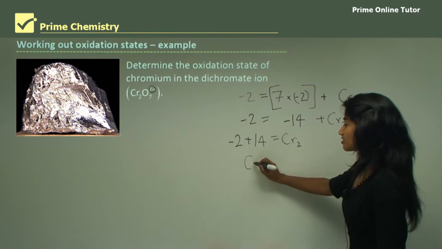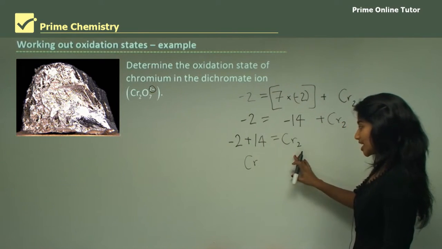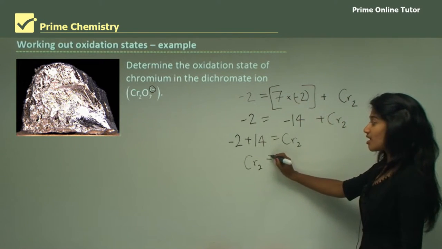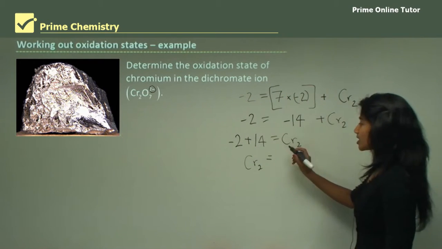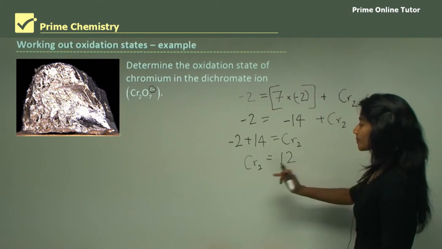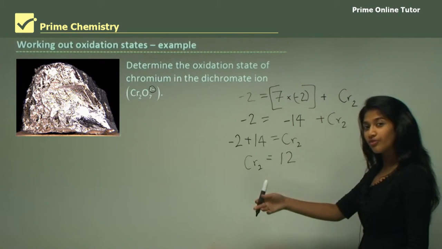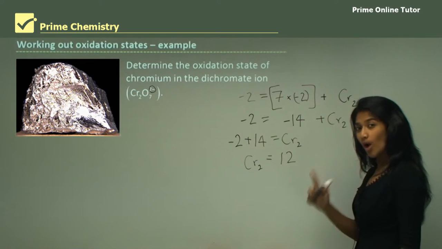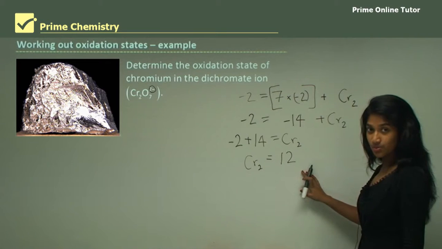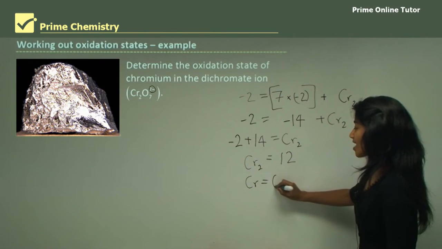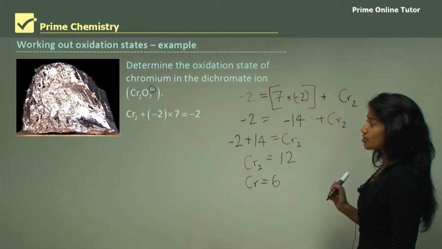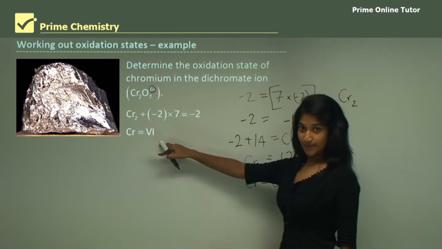Now to find out the oxidation state of the 2 chromium atoms, we work this out: -2 plus 14 gives us 12. We have 2 chromium atoms here, so to find the oxidation state of 1 chromium, you divide this by 2. So you get 6 for 1 chromium. Your answer should be 6.